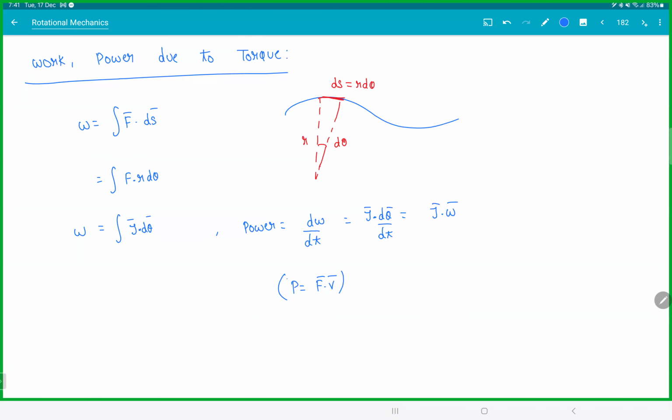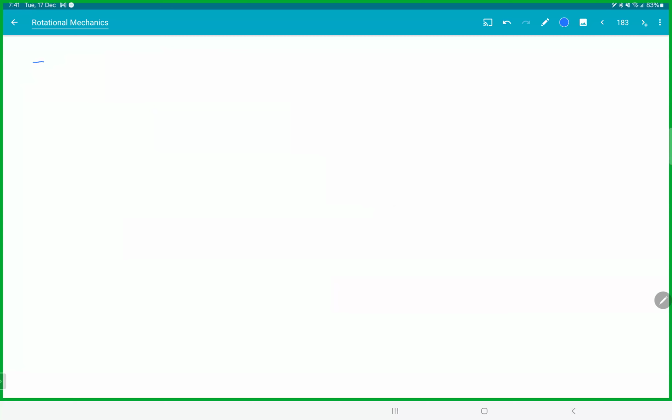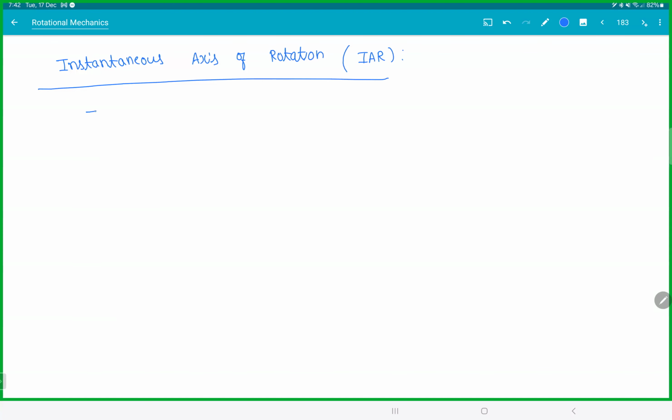Now, next thing. There are certain cases where you won't be able to get the kinetic energies for certain systems. I'll show you. We have a concept called instantaneous axis of rotation, IAR. Quite a useful one. So what is IAR? IAR is an axis.